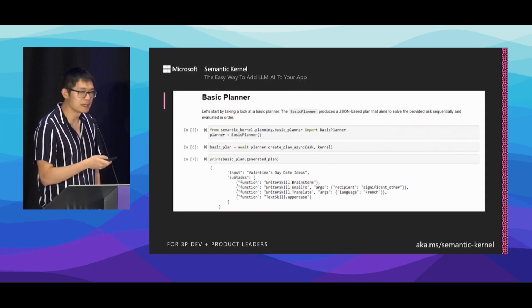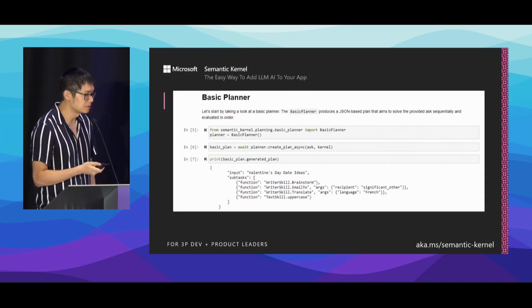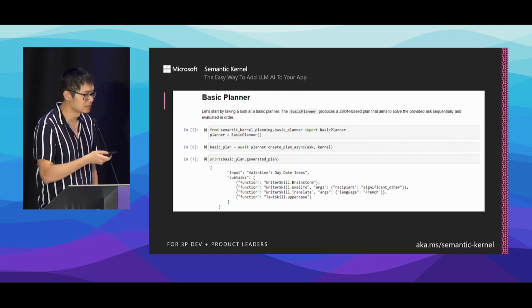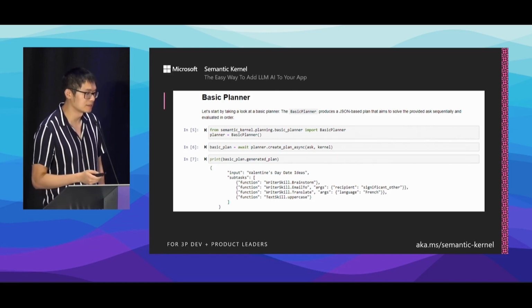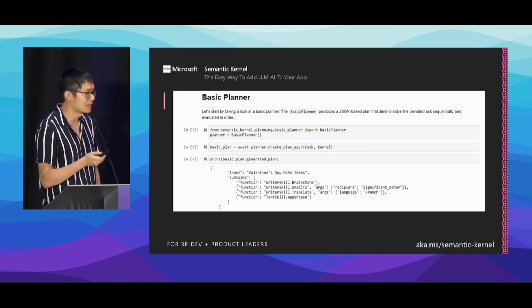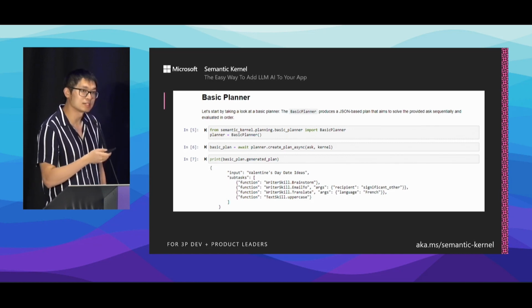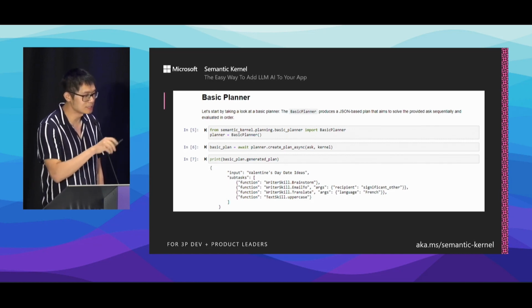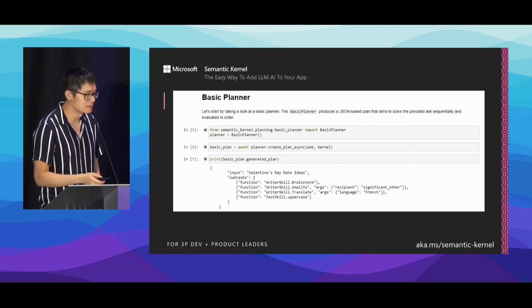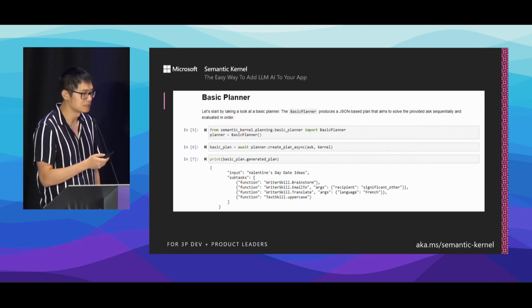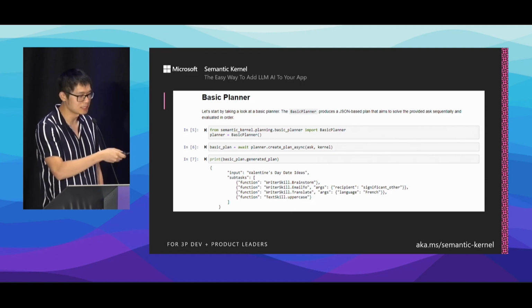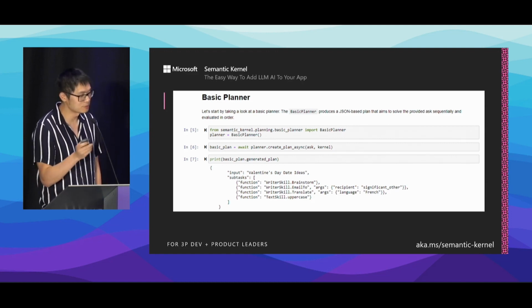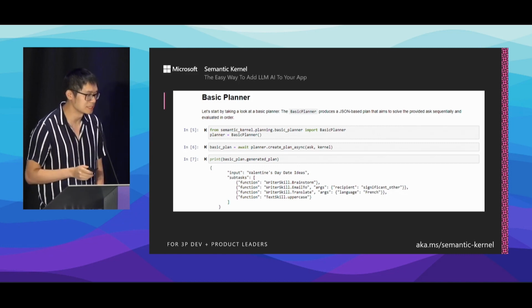So in a basic planning scenario, let's create a JSON-based plan that will aim to take that ask and solve it sequentially. This is the Python version, and the basic planner, more or less, you could think of like a sequential planner as well, but this one's JSON-based, whereas the sequential one is XML-based. Those are just implementation details.